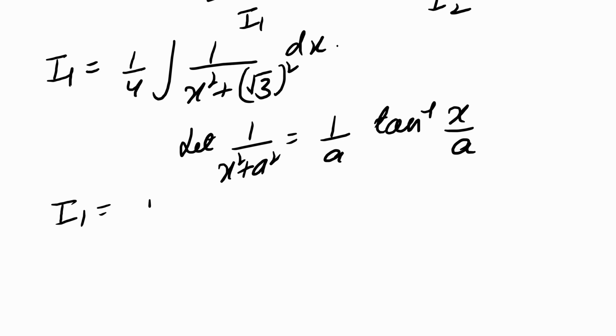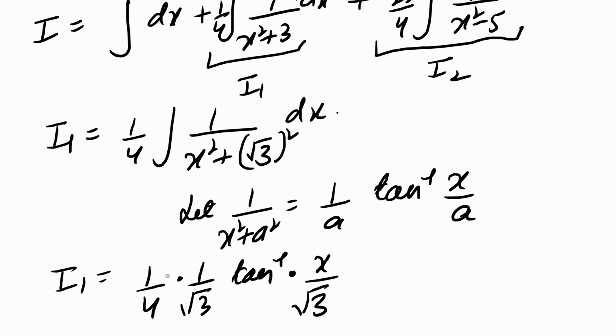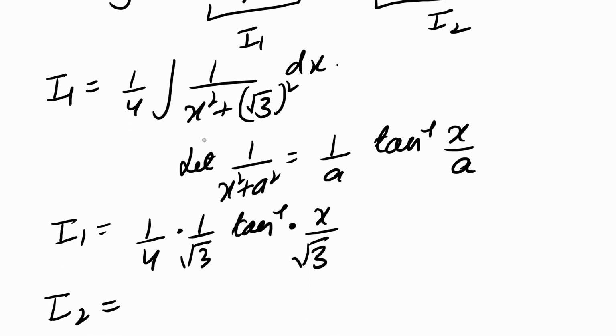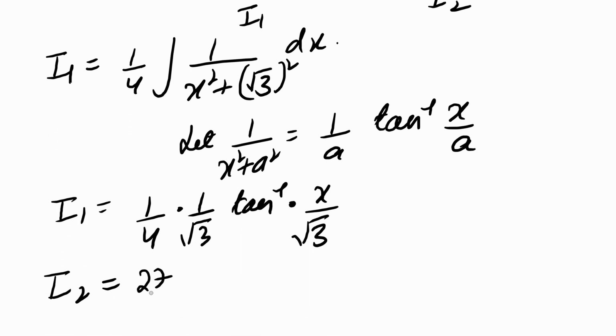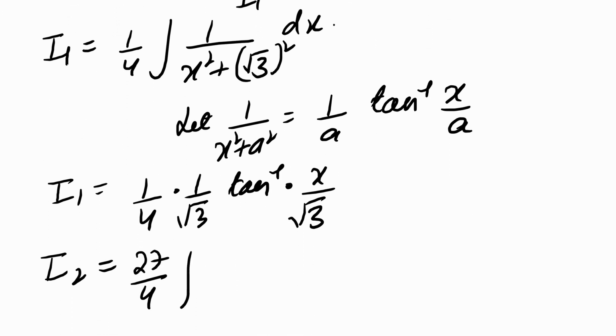I1 is equal to 1 upon 4 into 1 upon root 3 tan inverse x upon root 3. Okay, now what will be I2? I2 is 27 upon 4 integration 1 upon x square minus 5 dx.